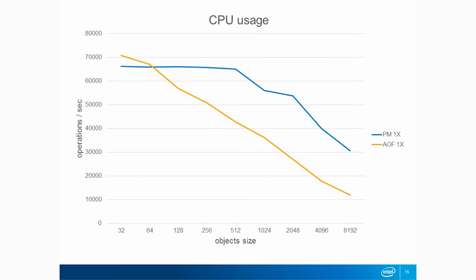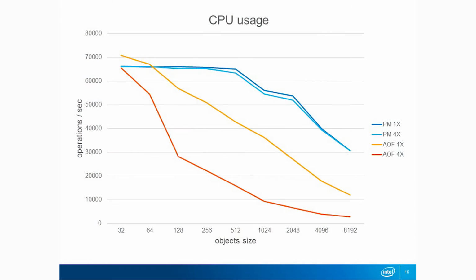We already know the results for running one instance of Redis, where the persistent memory version was around 2 times faster than AOF. But what happens when we were running 4 instances at the same time? For the persistent memory version, there was no difference in performance.